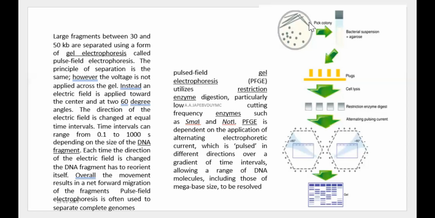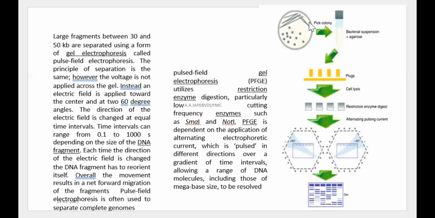But the difference is, as against all other types of electrophoretic systems, here you have very big molecules which are handled or analyzed. So that is a very big challenge, right? So when you are talking about the separation of such a big molecule, then you have to give alternate fields at a specific angle.